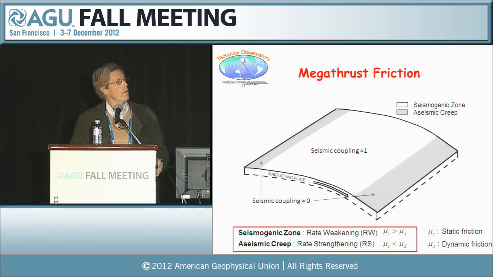So when dynamic friction is lower than static friction, you can have a runaway phase, and you can nucleate earthquakes. And so the idea is that these areas which are locked in the interseismic period have a rate weakening frictional property, whereas those areas which are creeping are rate strengthening.